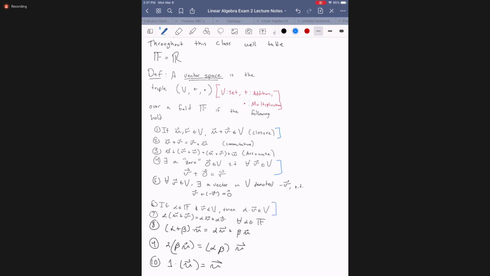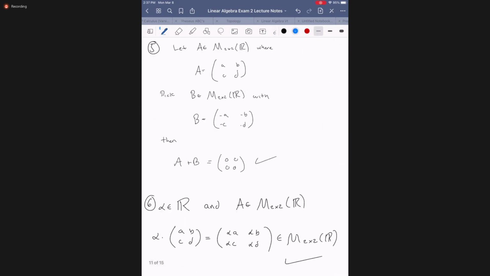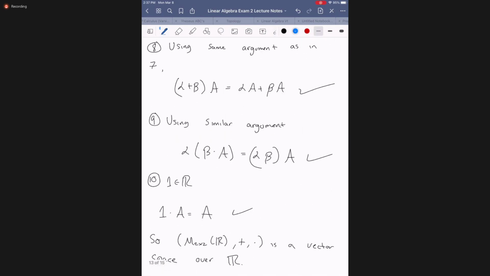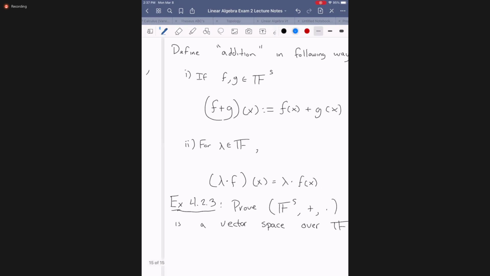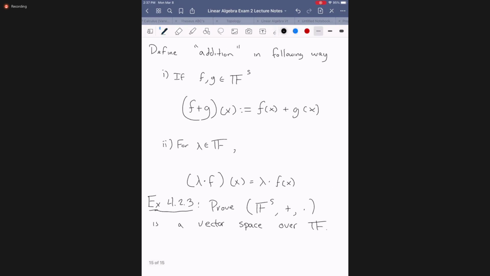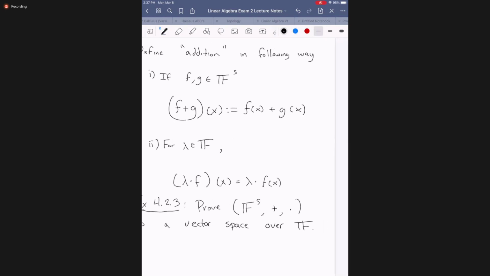So these three: 1, 4, and 6. I'm just going to show you those three, and then we'll move on to the next thing that we have to look at. So let's just prove the first three.